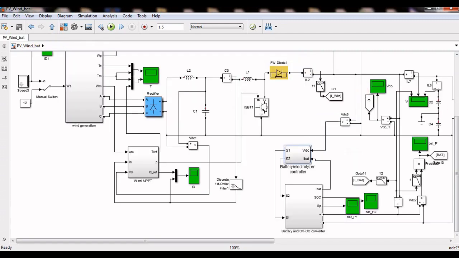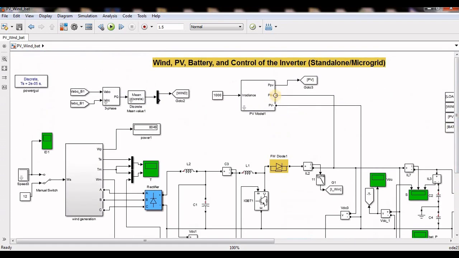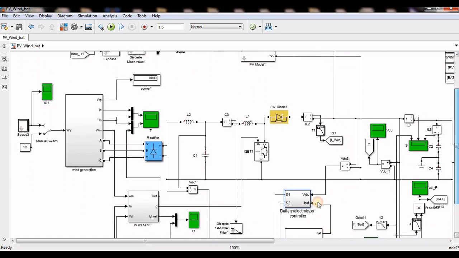In case you are not using any MPPT, I mean MPPT will regulate the PV output voltage, but here I directly connected the PV voltage to the DC link. So this DC link voltage I can regulate by the bidirectional DC-DC converter of the battery. So the bidirectional DC-DC converter of the battery can work as the MPPT of the PV system.